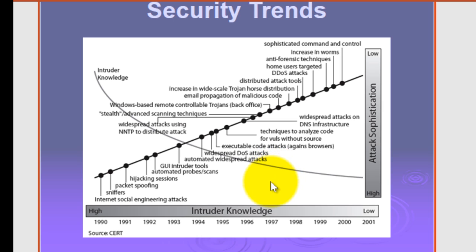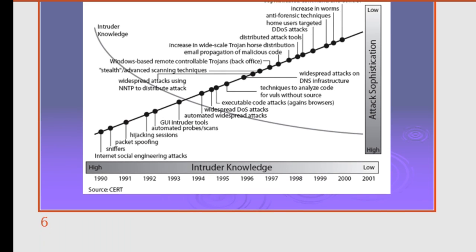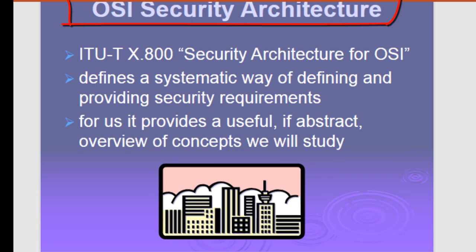And the next concept is OSI security architecture. This OSI security architecture will provide the required environment, and it defines some security requirements for an organization. It is a standard which defines the security requirements.